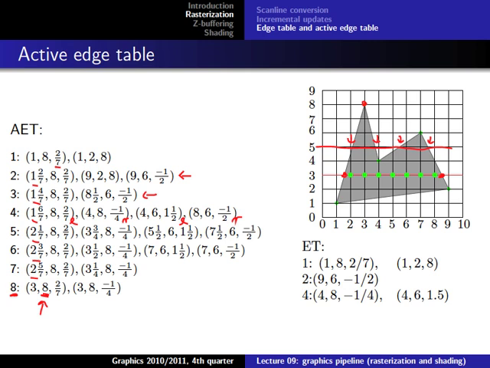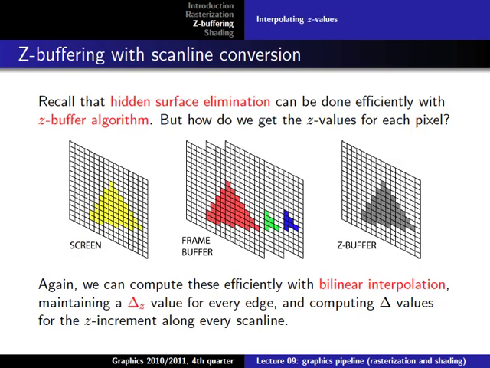Good. So in this case, we draw everything between this one, and here we draw everything between this one and this one, and we easily see that we don't have to consider the second one because it has the same x value, and the same situation is here. Good. So that's pretty simple, pretty straightforward. I think you just need to do it a few times to get an idea about the processing.